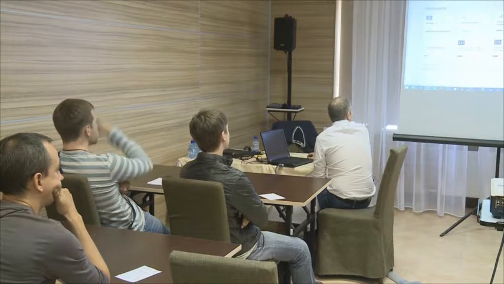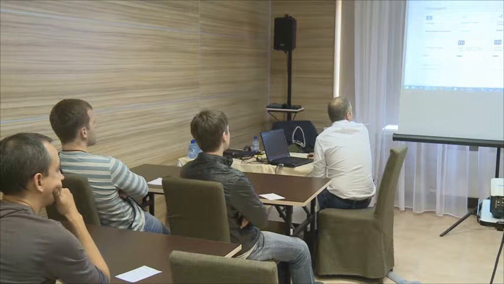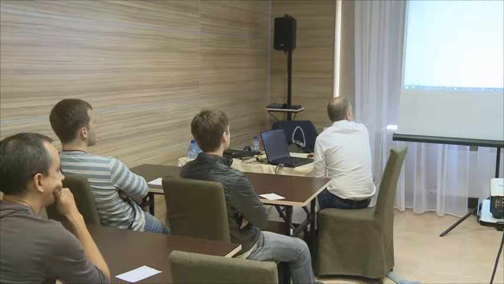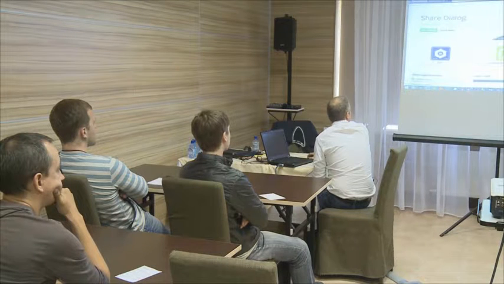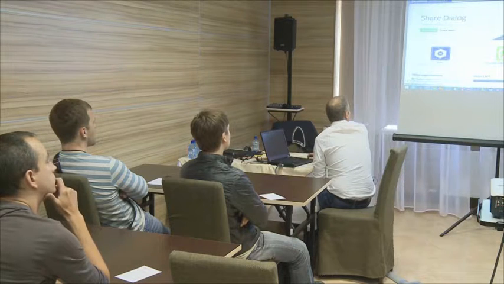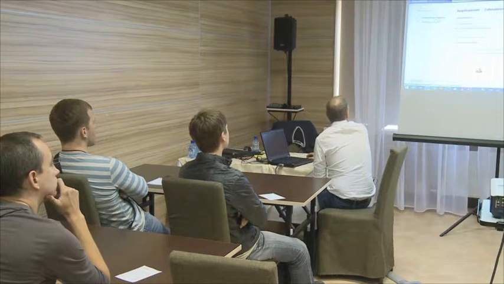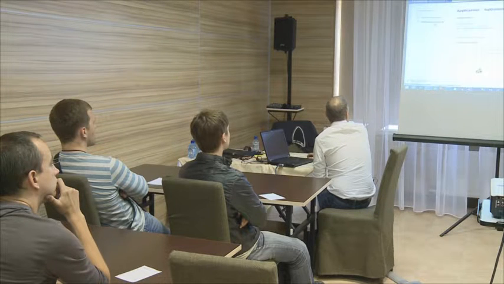So for Facebook, you just go to the developers site. Of course, you have to subscribe. At this point, you click apps. You can create one or multiple apps. So in this case, I created this app.